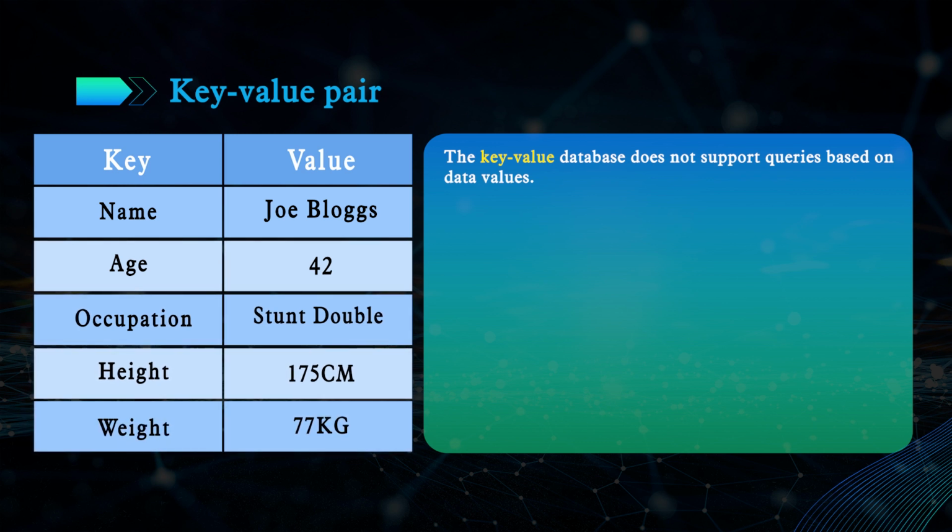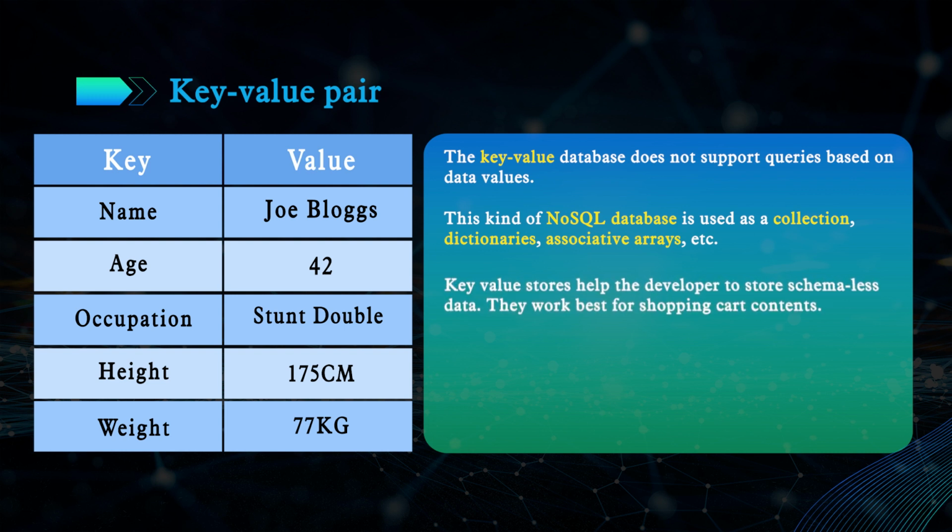It is one of the most basic NoSQL database examples. This kind of NoSQL database is used as a collection, dictionary, associative array, etc. Key-value stores help the developer to store schema-less data. They work best for shopping cart content.